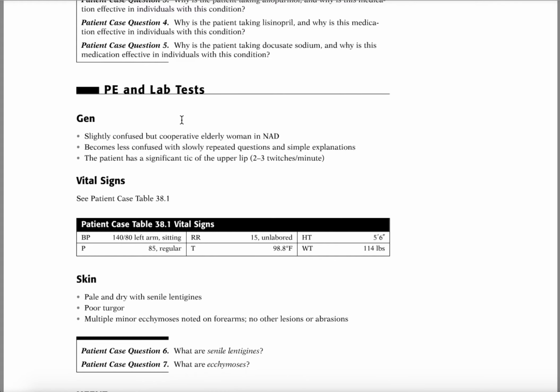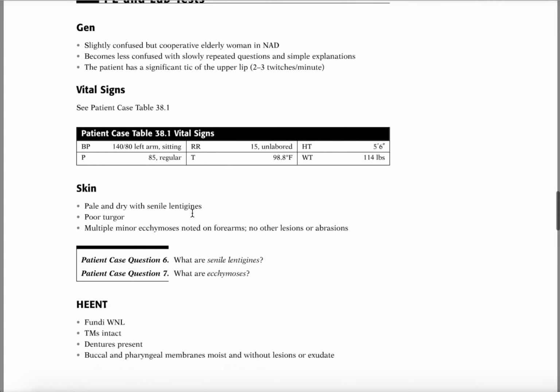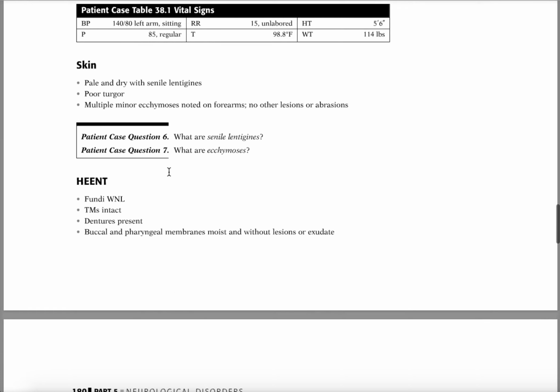So, elderly woman in no acute distress, becomes less confused with slowly repeated questions and simple explanations, with a significant tic in the upper lip. Okay. And then blood pressure a little bit high, respirations unlabored, 15, and pulse is within normal too. Pale, senile, okay, poor skin turgor, so she might be dehydrated, right?